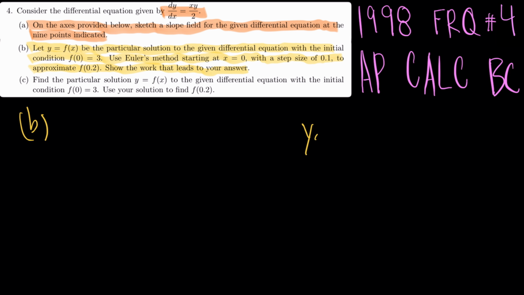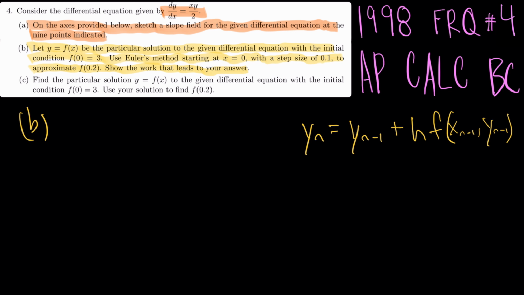That'll be y sub n equals y sub n minus 1 plus the step size h times f of x sub n minus 1 comma y sub n minus 1, where f of x sub n minus 1 comma y sub n minus 1 is the derivative of f at that point.